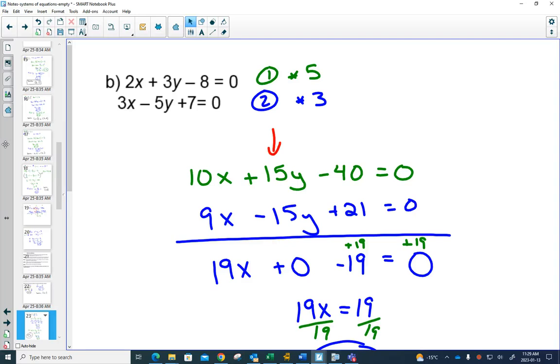So this was elimination. The most difficult it gets for elimination because you had to multiply both equations by something. But when I look at substitution in this case, can you see that substitution gives you fractions no matter if you try to get the x by itself or the y by itself, no matter which equation you choose. So here the elimination helps us avoid some fractions while solving.